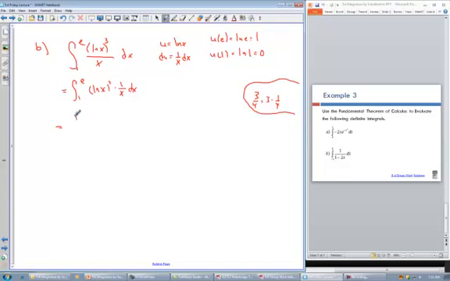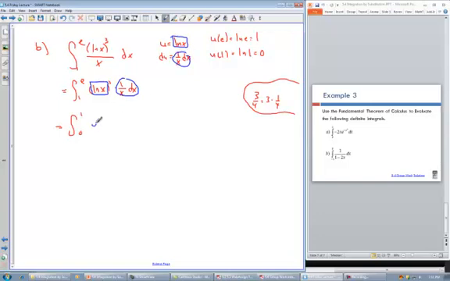So this is going to become the integral, where the x stuff becomes the u stuff, from 0 to 1. This ln of x is my u, and this 1 over x dx is my du.